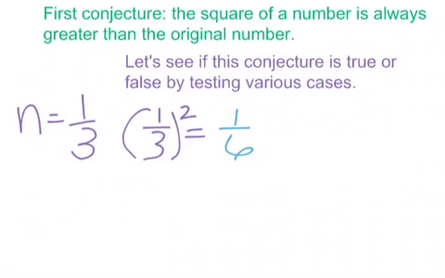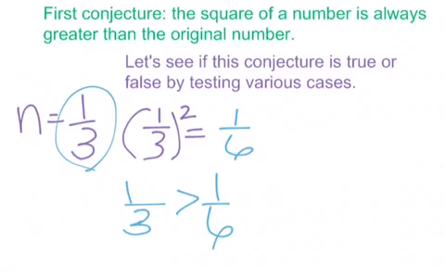So this is the counterexample that would prove this conjecture to be false, because our original number 1/3 is actually greater than its square. So not every squared number is greater than its original number. This would be your counterexample saying that it is incorrect. You only need one counterexample to prove that a conjecture is false.